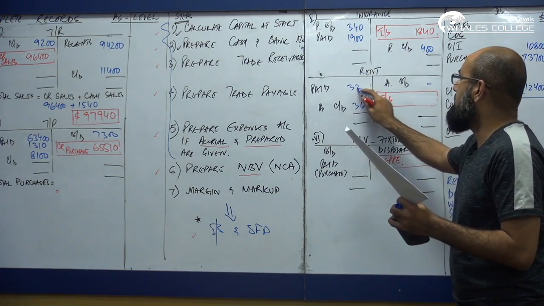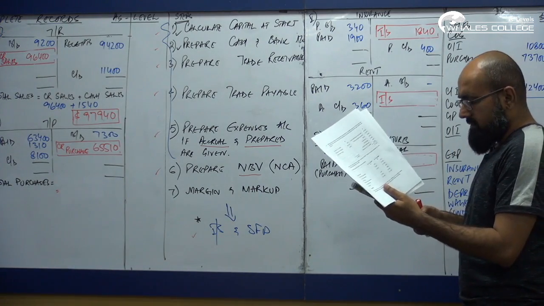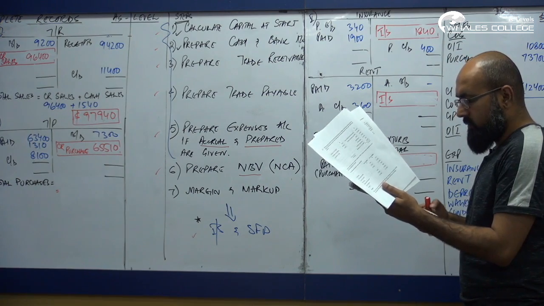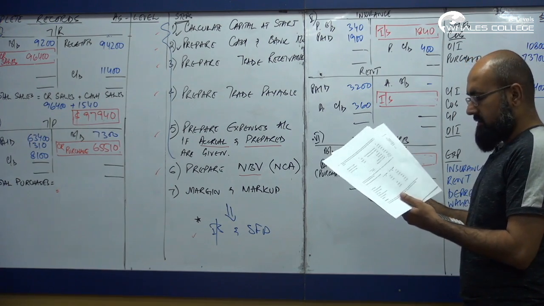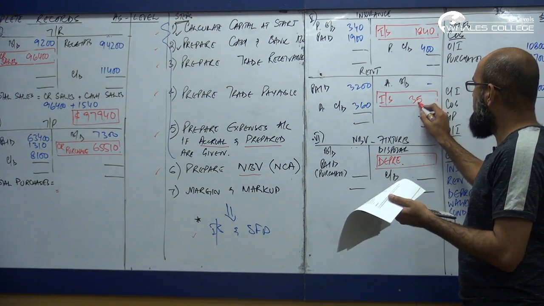This is 3200. Now again, add the greater side, subtract the shorter side. I don't want to take the risk of doing the calculations myself. 3560.